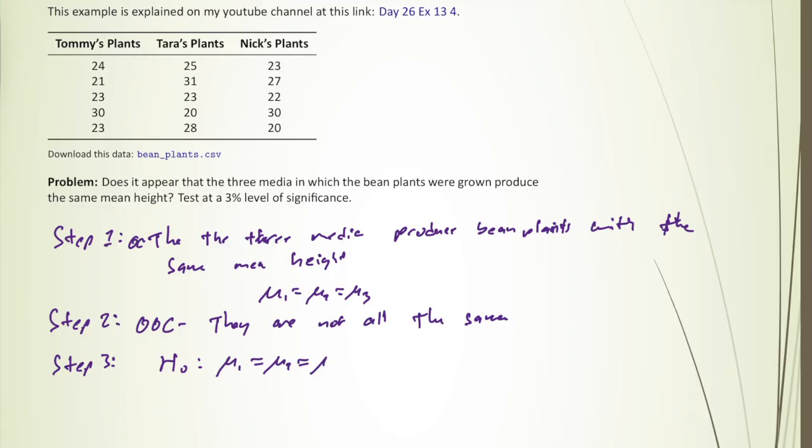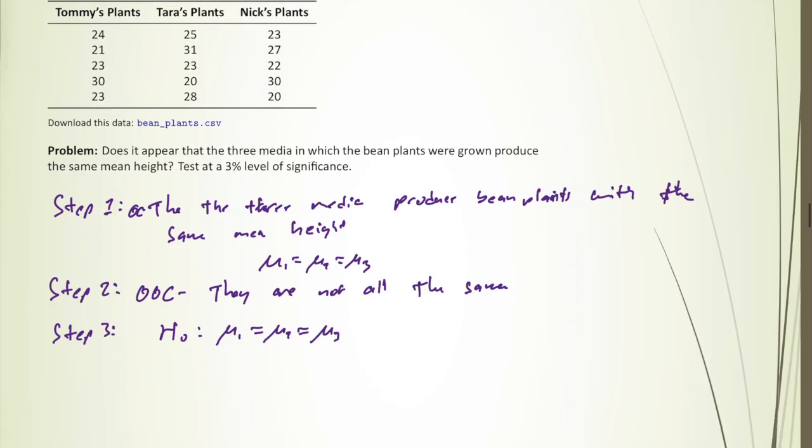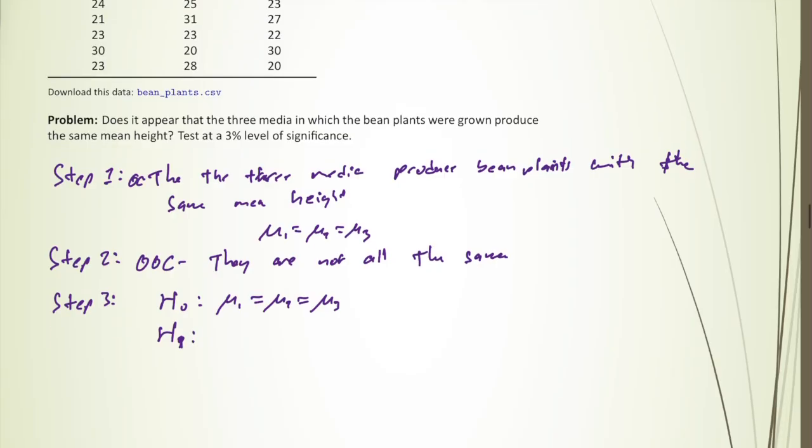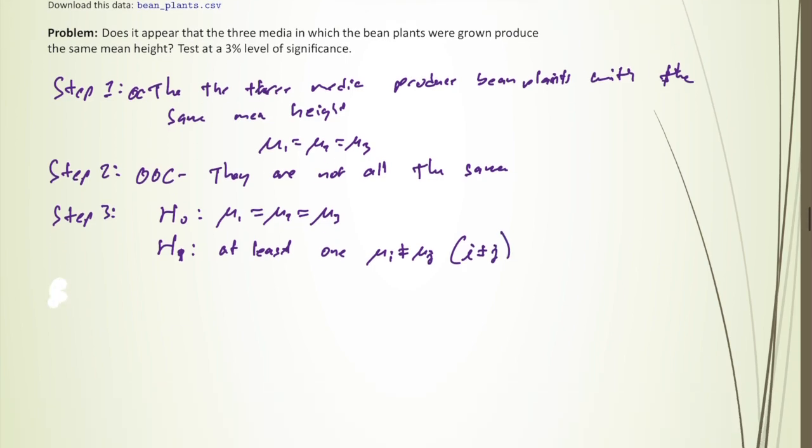So that's the world in which I'm going to live in for the next couple minutes and see if my data seems absurdly unlikely or not. So this is going to be at least 1 mu i does not equal mu j. And of course, they're different means. Okay.